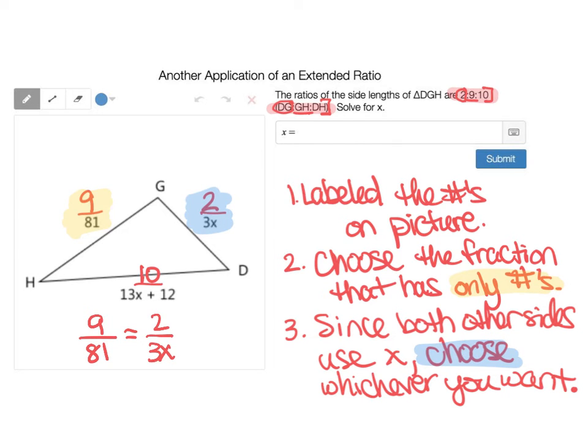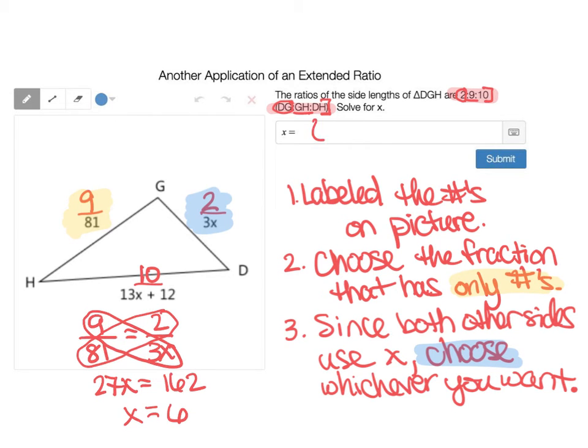I don't need to use that other side because it's still just x. So I have 27x equals 162. When I divide, I get 6. So x is 6.